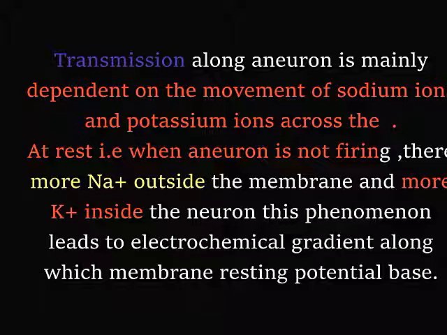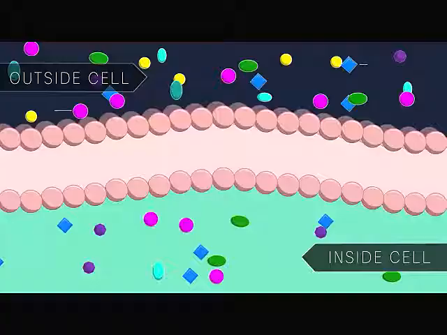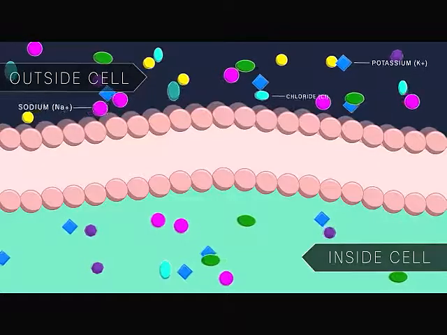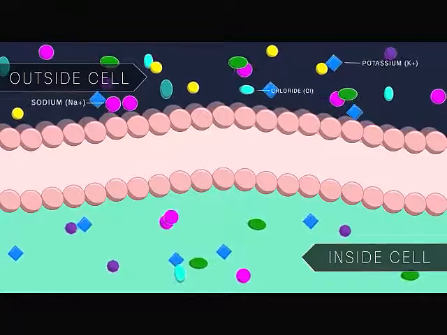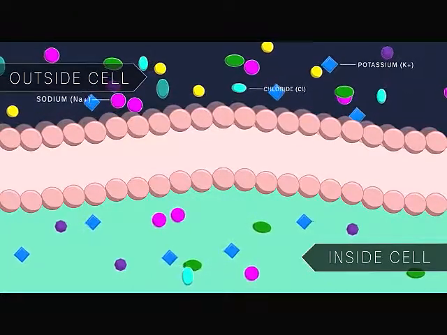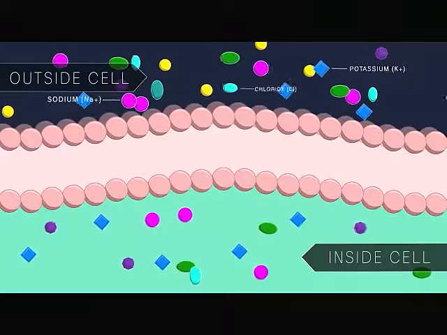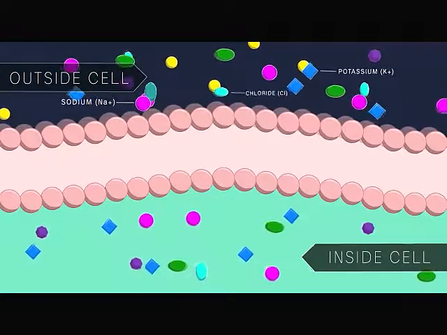Now when you look at the distribution of ions, as you are looking at that video, you will see that the sodium ions are represented in violet, and the potassium ions are represented in blue. So after understanding the distribution of the ions, members, that is going to take us to what we call the resting membrane potential.